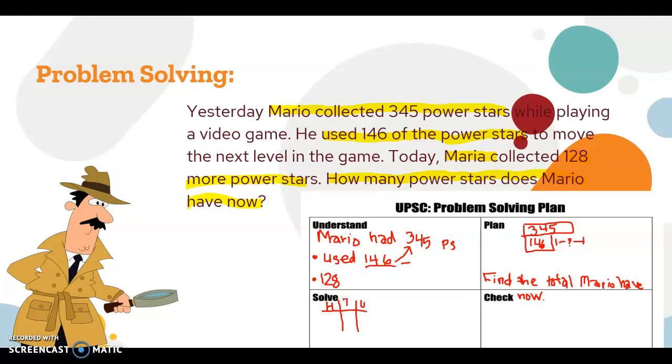I am going to subtract 146 from 345. I cannot take 6 from 5. I don't have enough ones on top, so I am going to regroup. I will take one from the tens. 10 plus 5 equals 15.